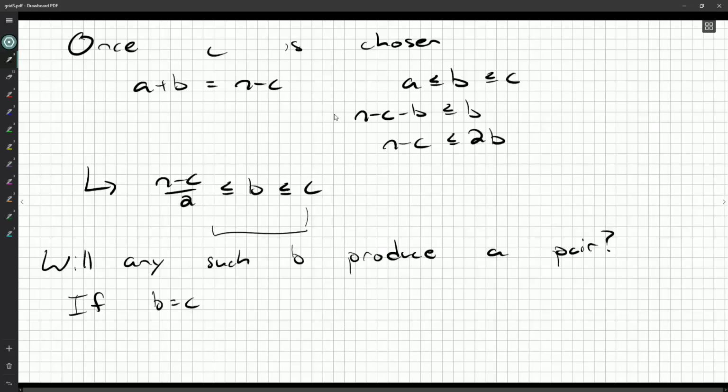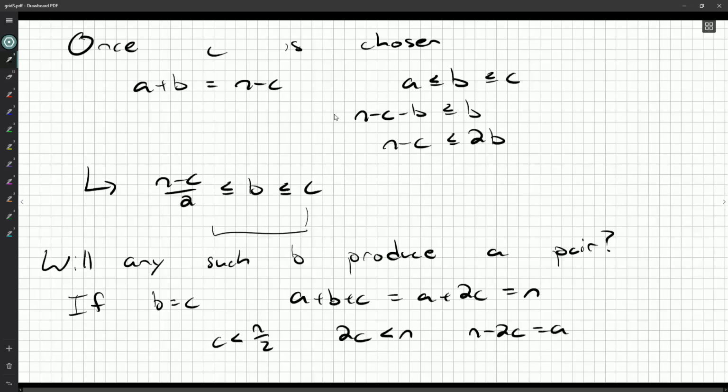So if B is equal to C, then A plus B plus C is equal to A plus 2C, which needs to equal N. Well, C is definitely less than N over 2, so 2C is definitely less than N, so N minus 2C, which is equal to A, is definitely greater than 0, and that will work.